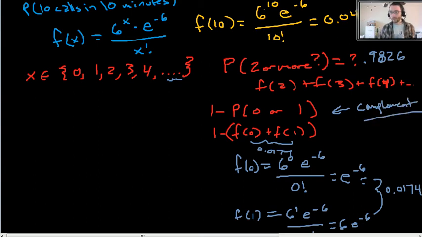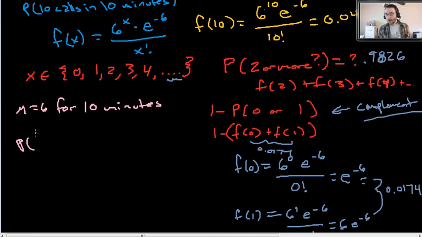Other things with Poisson that you should know, some other cool stuff. If we know that mu equals 6 for 10 minutes, what if we wanted to know the probability of getting 50 calls in an hour? Well, mu doesn't equal this anymore.